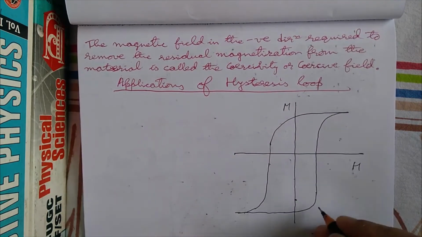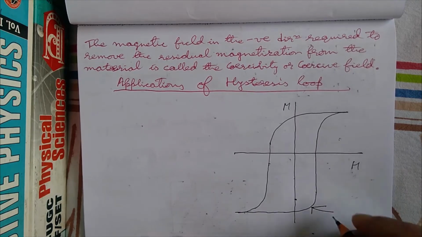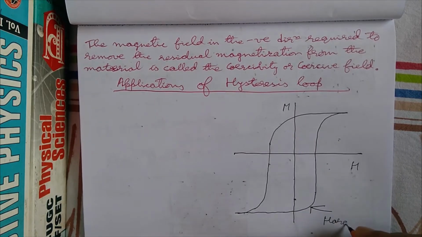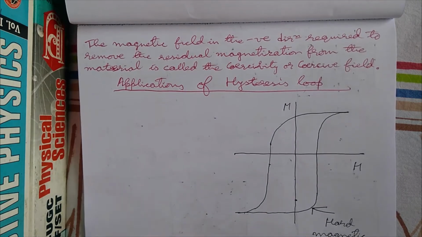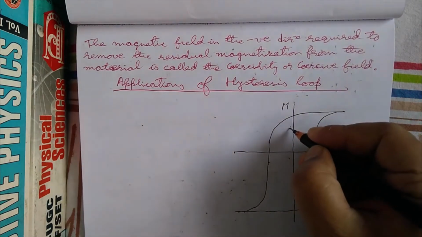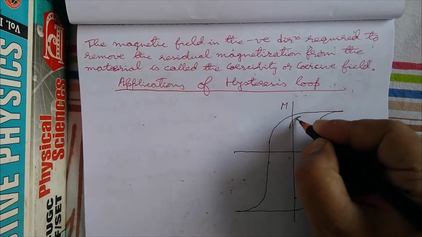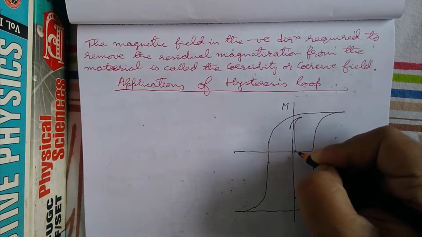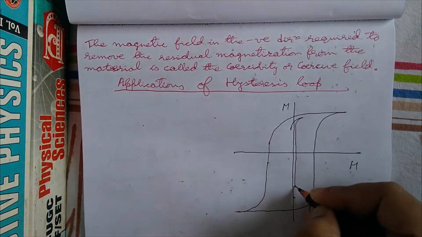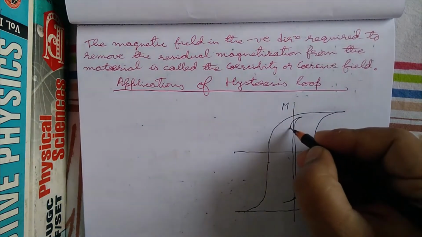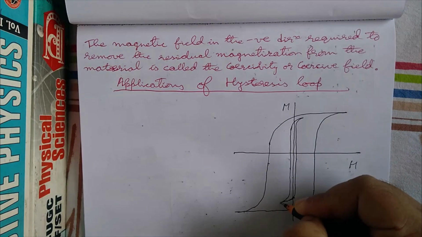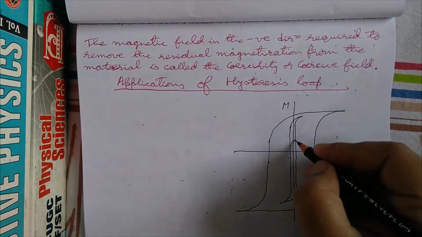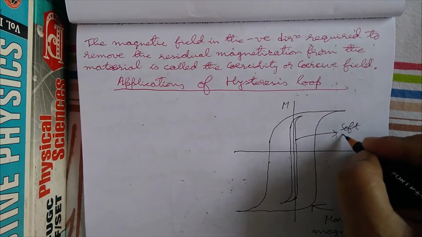This is called the hard magnetic material hysteresis loop, and this is called the soft magnetic material.